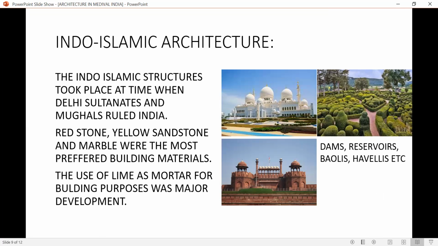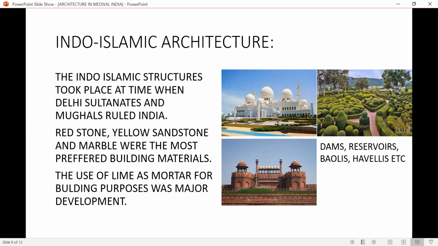So let's take a look at Islamic structures that took place at the time the Delhi Sultanates and the Mughals ruled India. This line actually means that with the rise of the Delhi Sultanate and the Mughal rule in India, the evolution of Indo-Islamic style of architecture took place. The Central Asian style of these Muslim rulers blended well with the Indian architectural forms already used.